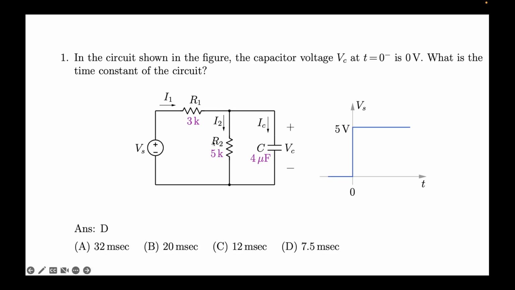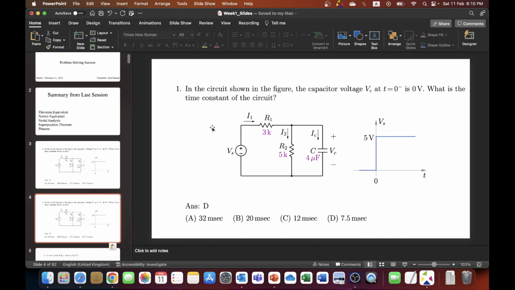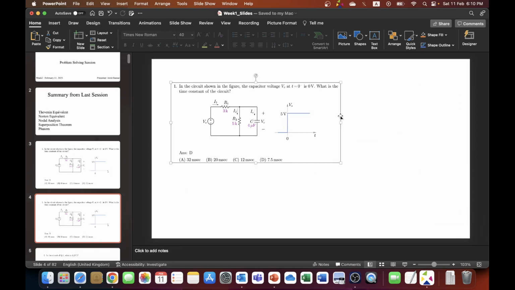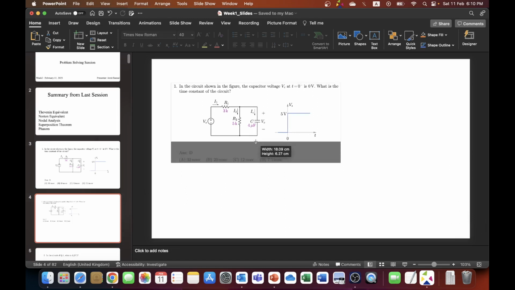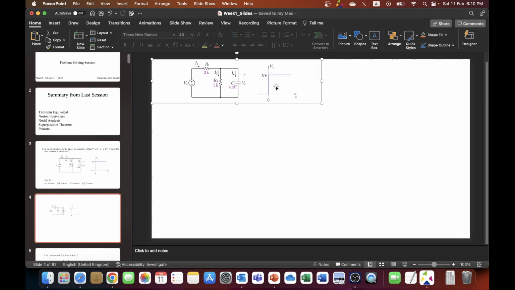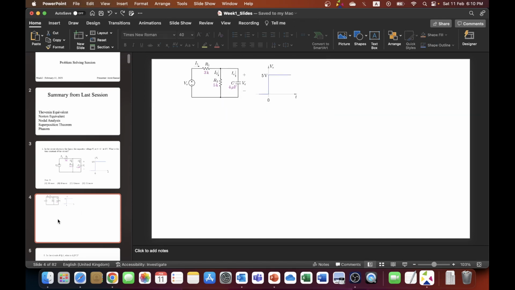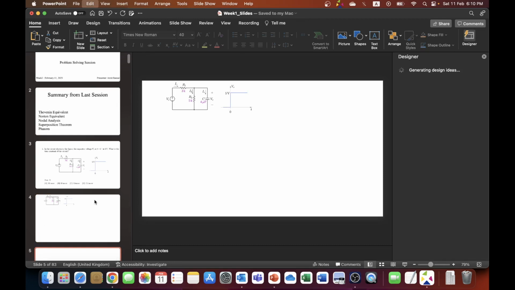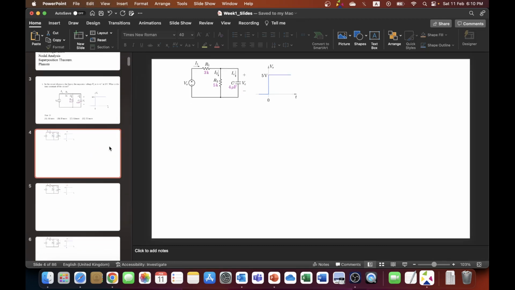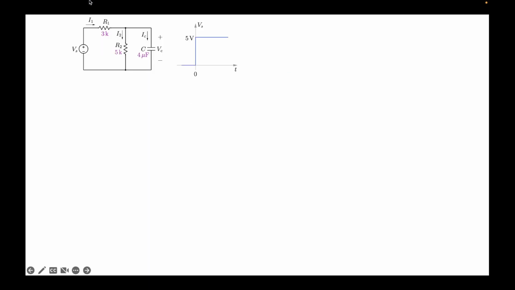So it's straightforward. Alright, so now we are required to find the time constant for this circuit.